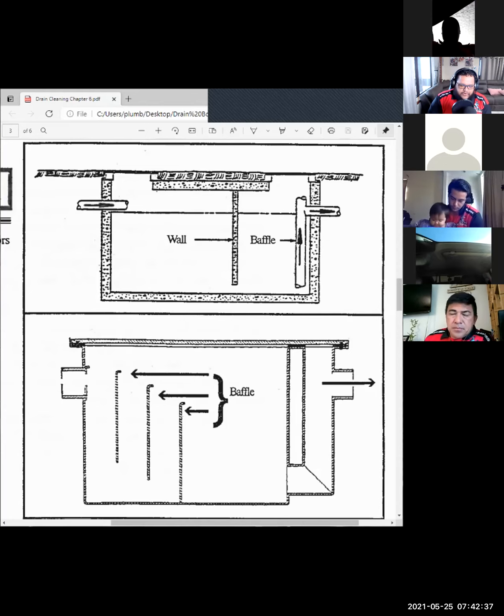Yeah, the other thing too is that they don't allow disposals on a grease line, right? Well, they don't allow disposals on a grease line because it's a holding tank situation, and if you put the byproduct of a garbage disposal in there, you fill it up with waste real fast. So they have scrap traps or trash cans, and that's actually smart.